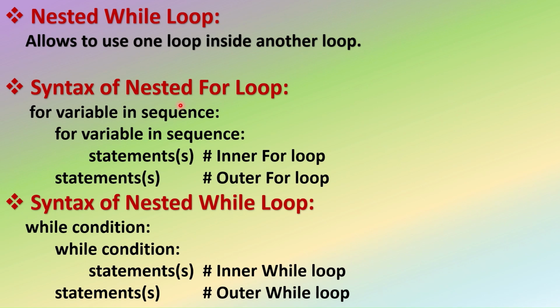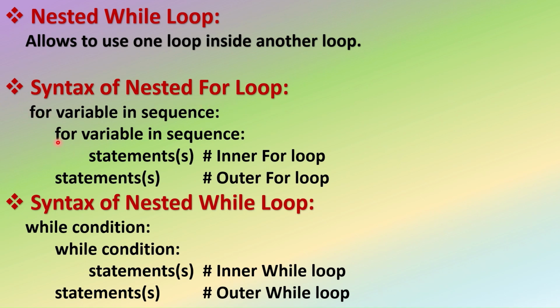This may be another sequence. This loop we can call the inner for loop, and these are the statements that go inside this inner for loop. When the control comes out of the inner for loop, we have the statements that belong to the outer for loop. So this is the syntax of the nested for loop.